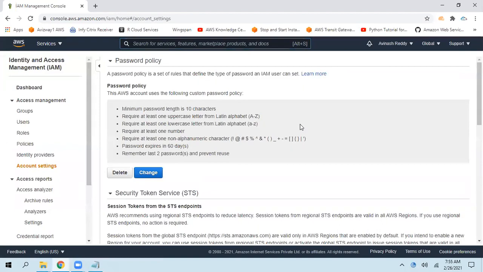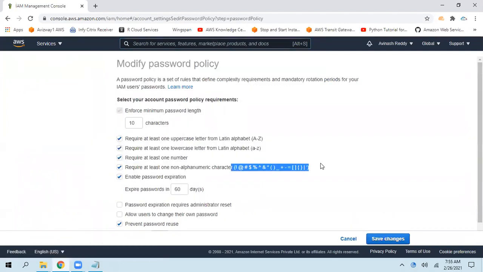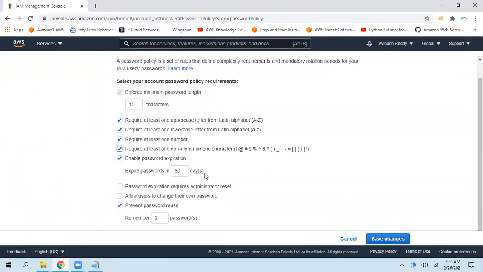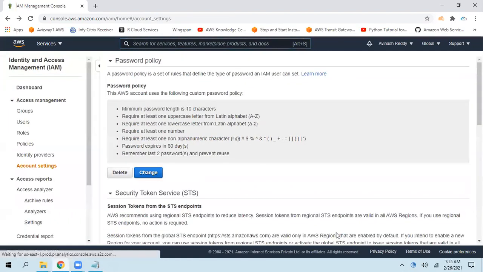If yes, we cannot add it here. You can set this up if you want to, you can choose this. Otherwise, you can unselect this. But we don't have any button here to add any special characters. So you need to contact AWS to add those symbols.